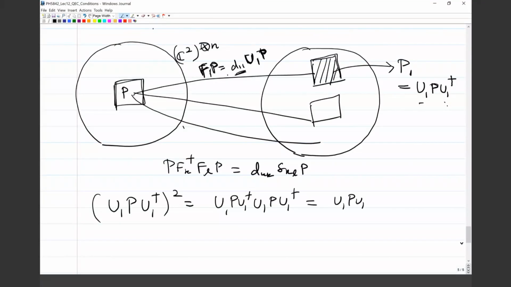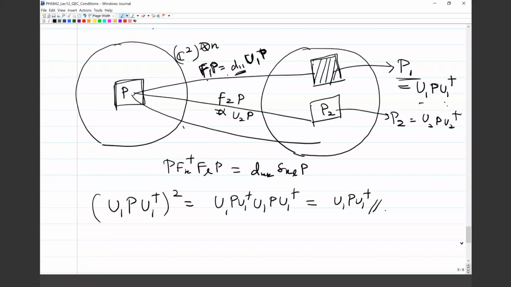So the action of this error operator on the code space projector gives me another projector, because the action of this error is like a unitary on the code space. Similarly for F2, F2 P is proportional to U2 P, where U2 is a unitary, and that gives me a projector P2, where P2 is U2 P U2 dagger.